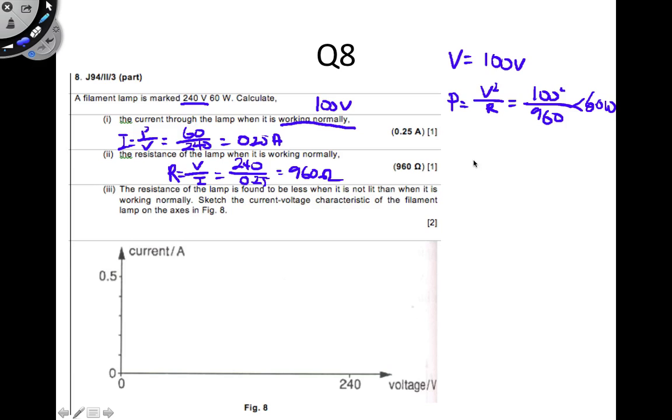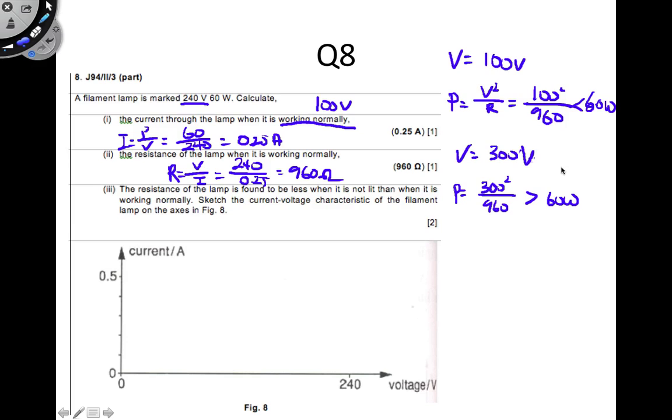Similarly, if I give it a larger potential difference, let's say V equals 300 volts, then I do 300 squared over 960. Again, I'll get a value that's larger than 60 watts.